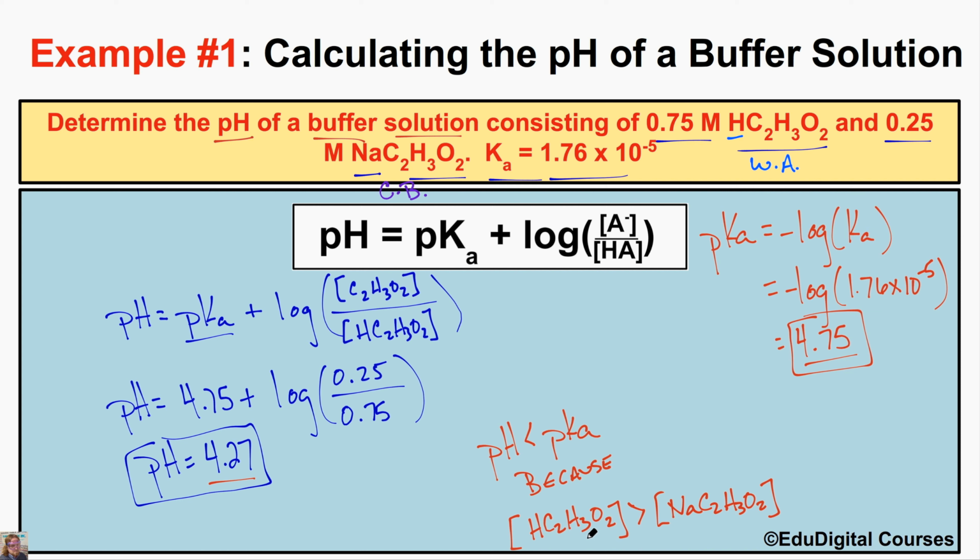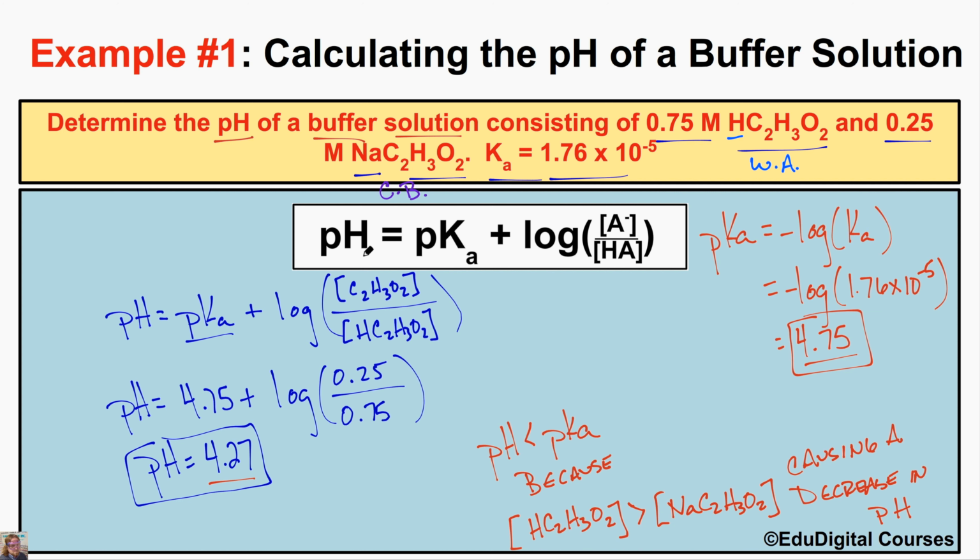And if we have a higher concentration of acid than we do base, this is typically going to cause a decrease in pH. So that is how we can use the Henderson-Hasselbalch equation to calculate the pH of a buffer solution.